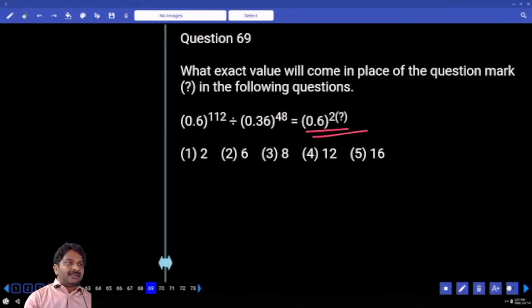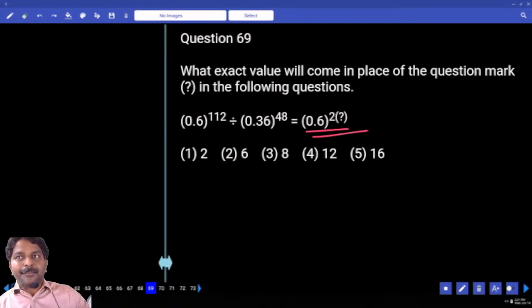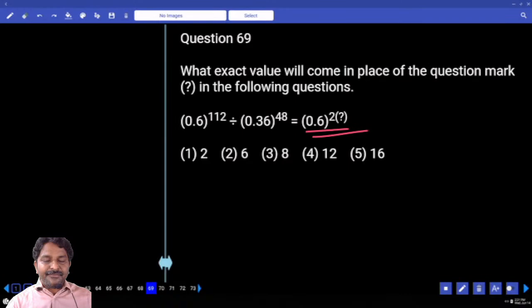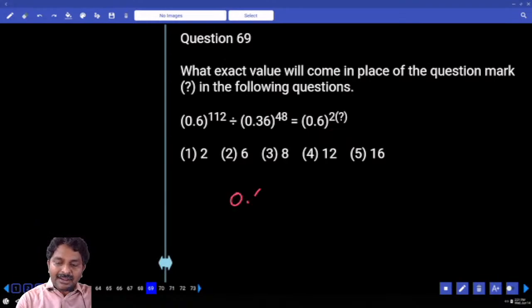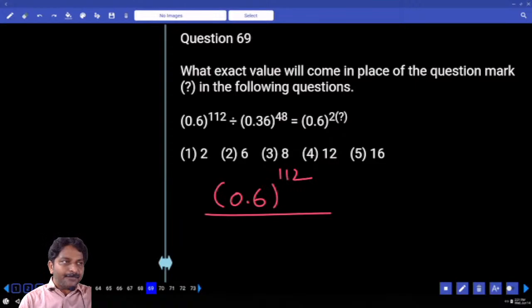For your question, the X or question mark is in the exponent for 0.6, correct? So every other number should be written in the form of 0.6 to the power of something, correct? Already we have a numerator, which is 112 divided by 0.36, can be written as 0.6 whole square.